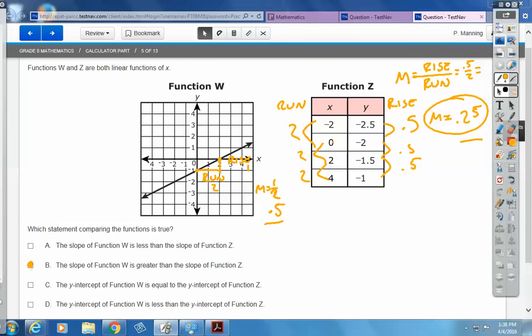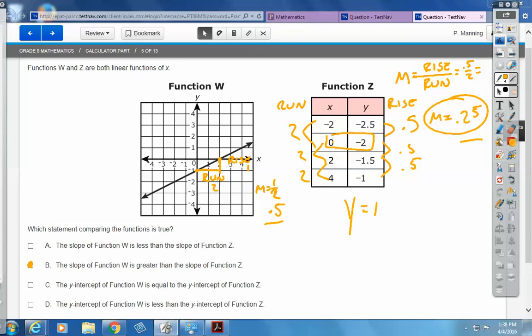The y-intercept of function w is going to be equal to the y-intercept of function z. So the y-intercept here is -2. So let's just write out the equation.